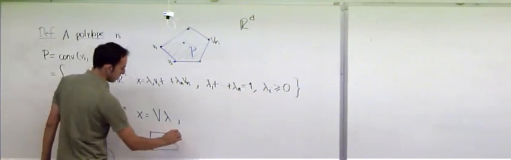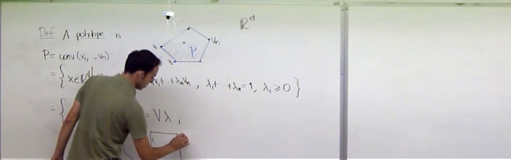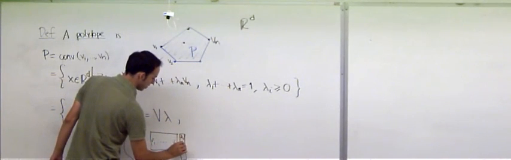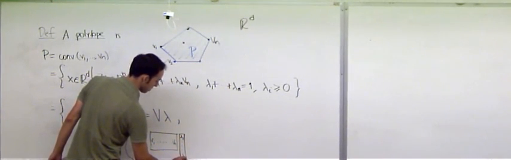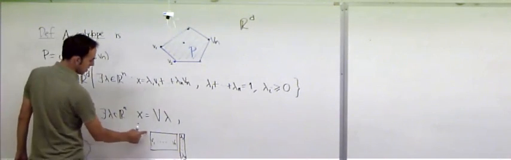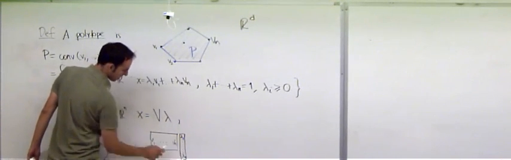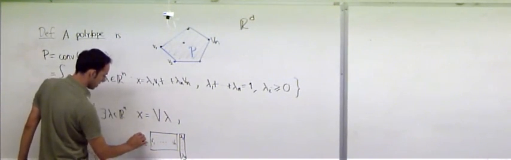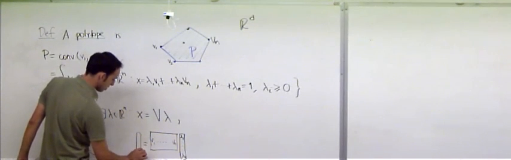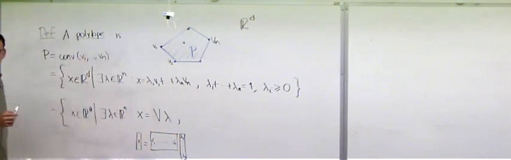And lambda I'm thinking of as a column vector, lambda 1 up to lambda n. And so when I multiply a d by n matrix times an n by 1 matrix, I'm going to get a d by 1 matrix, which is going to be my point x in R^d.